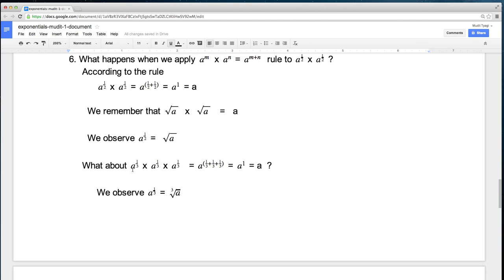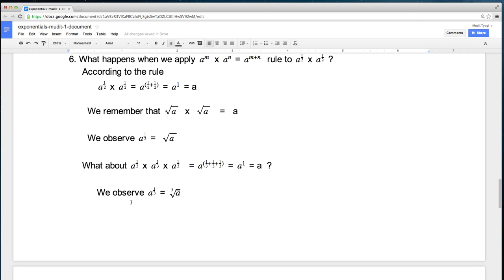If we had a to the 1/3 times a to the 1/3 times a to the 1/3, applying our rule, we would get a to the 1/3 plus 1/3 plus 1/3. And you're adding 1/3 three times, so you get a to the 1, which is equal to a.